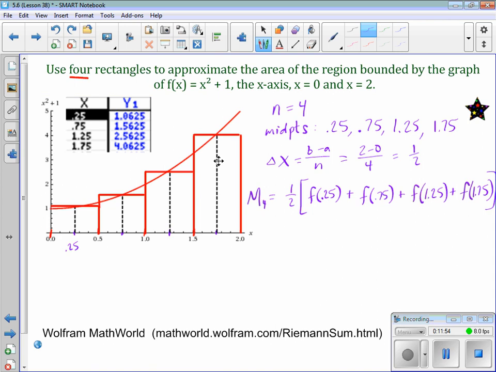And then you just put those values into what we have started here. So let's go ahead and finish that. So I've got my half out front. And then inside here, f of 0.25 is 1.0625. F of 0.75, put that one down.